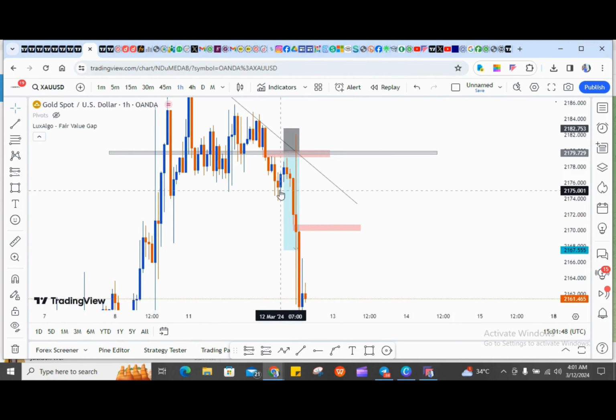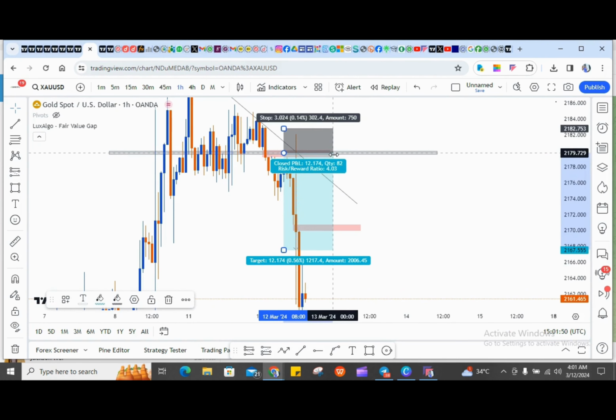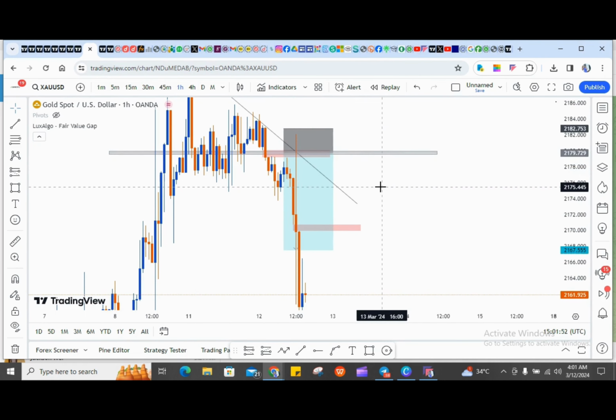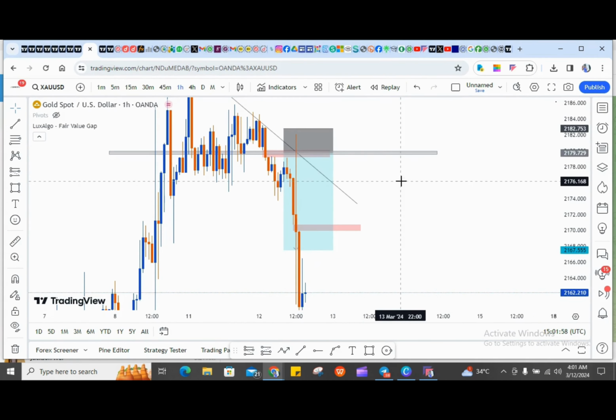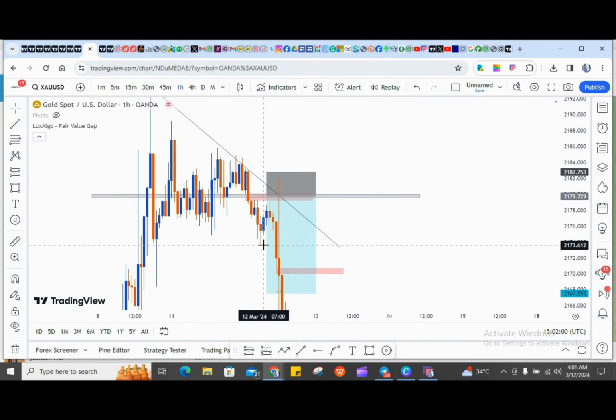Simple as ABCD. Now, as you all know, sometimes price may disrespect the fair value gap. Let's say, for instance, price came down here, continued going upward, broke this fair value gap, took your stop loss, broke the trend line, and continued going up. It happens.